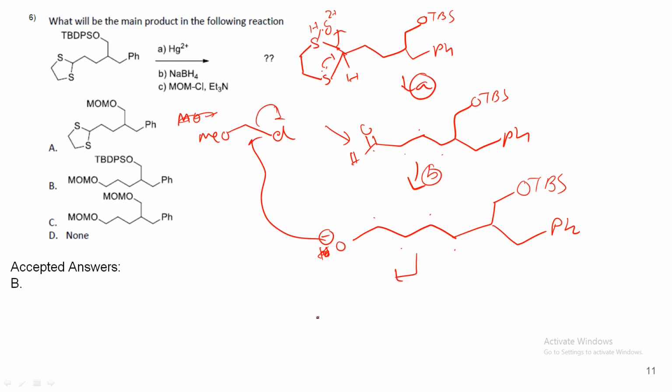It would generate the O-MOM protection, and your product would be this. Now if we compare, it should be the right answer. You can see the other options also. Two MOM protection centers is not possible, as for TPS deprotection what we need is any fluoride source, but here it is not there.